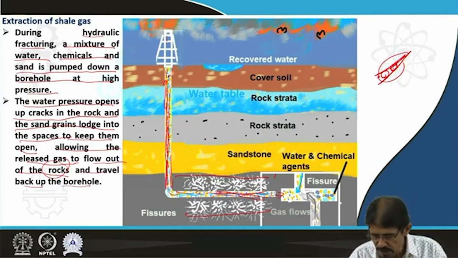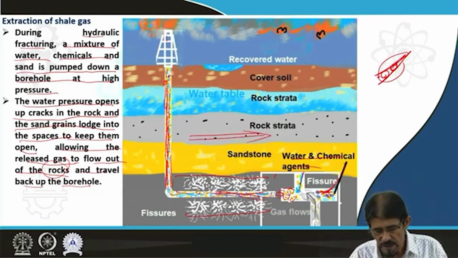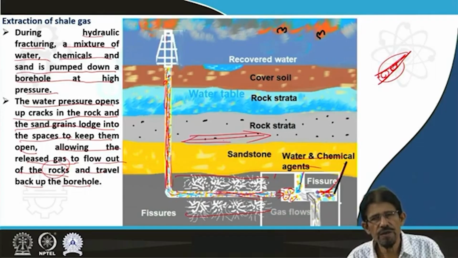The supply of water, chemicals and agents creates the fractures and props them open, opening the shale rock, and the gas encased in pores in adsorbed form is present in the fracture cracks in free form or in dissolved form.